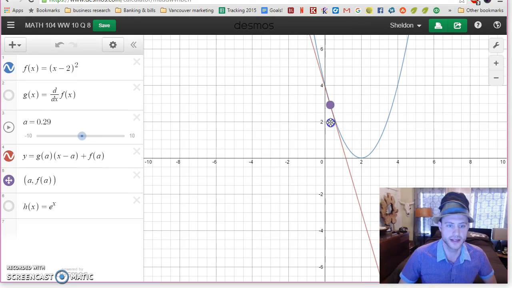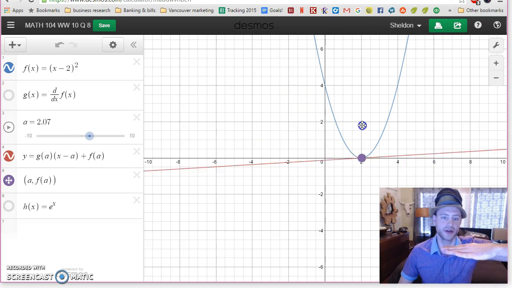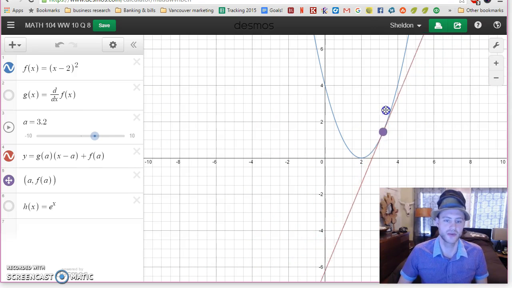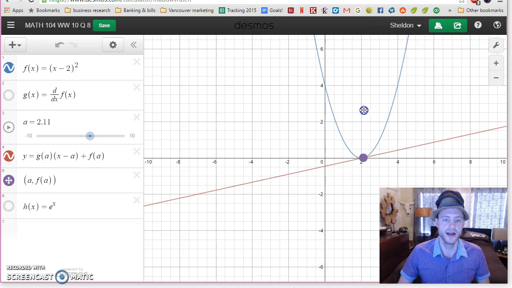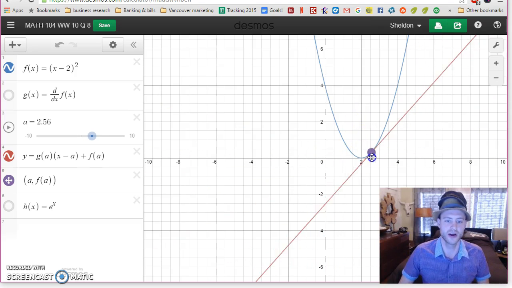And I know that because no matter where I start, if I move my x to the right, the slope is increasing, increasing, increasing. That's why this is just a parabola, of course. That's why it's concave up everywhere, because as x increases along the x-axis, the slope of the tangent line increases.